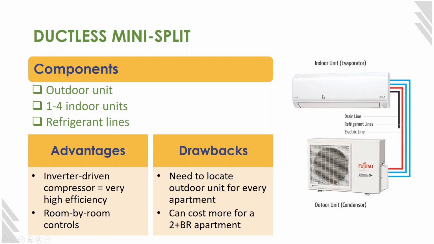So what are the advantages of ductless mini split heat pumps? These have inverter-driven compressors, which means they can vary their speed to match the load. So if it's a cool day and the apartment just needs a little bit of heat, the compressor can turn on at 20, 30%, run at a relatively low speed, and get significant efficiency improvements relative to a system that only turns on at full speed and would have to run for like a minute and then turn off because it heats up the apartment so quickly.